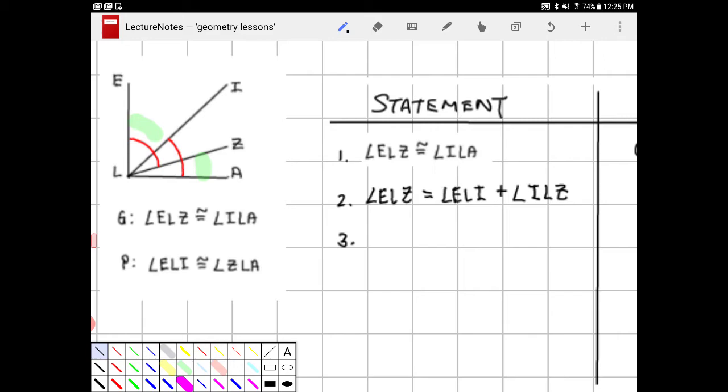Similarly, I know that ILA is made up of, I'm sorry, angle ILZ and angle ZLA.